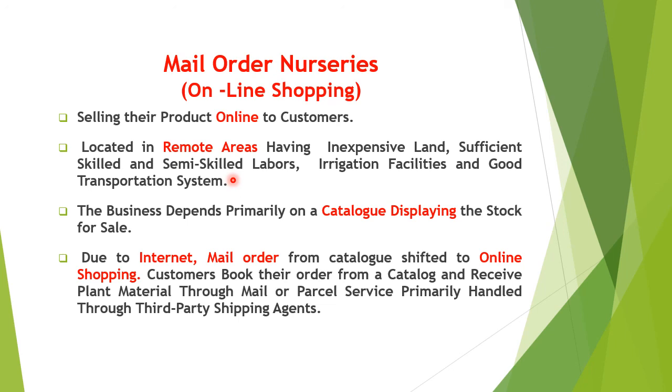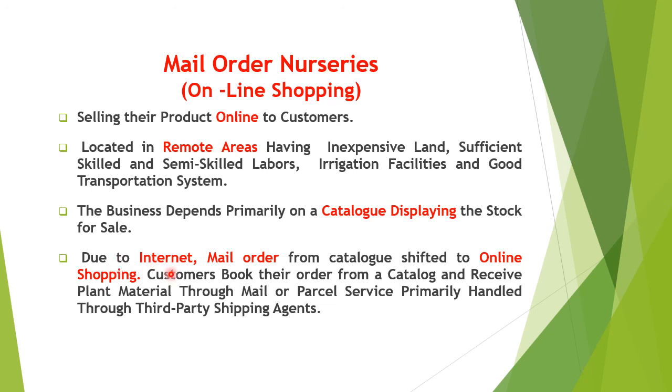The business depends primarily on a catalog displaying the stock for sale. Due to the internet, mail order from catalog shifted to online shopping. Today, Amazon and Snapdeal are also selling plants.